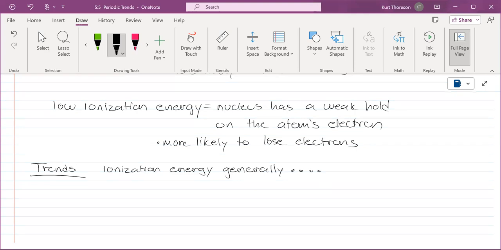Ionization energy generally increases from left to right, and decreases from top to bottom.